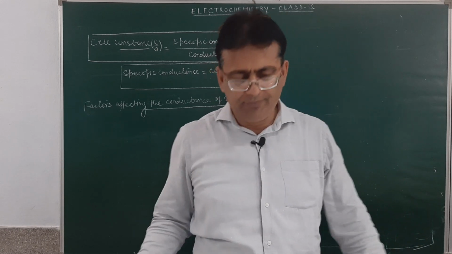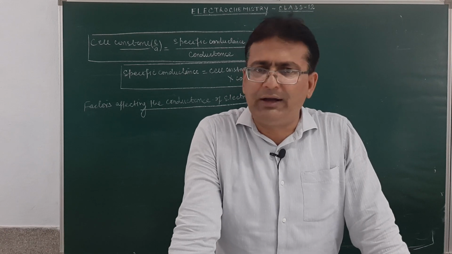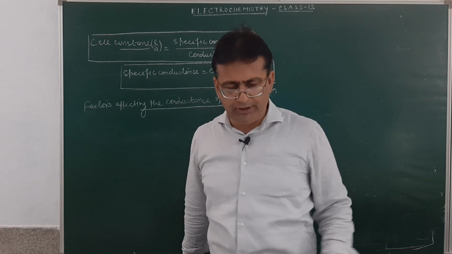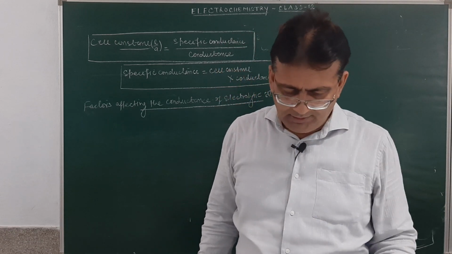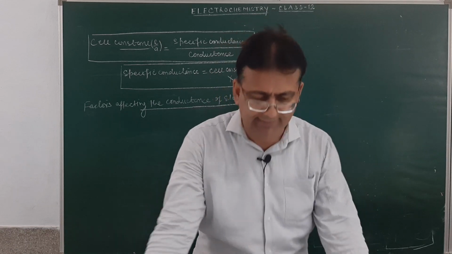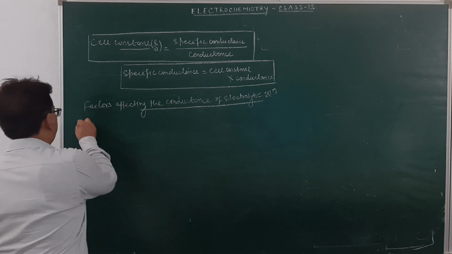First factor is the temperature. More is the degree of ionization, more is the conductivity. Increase in temperature increases the degree of ionization and hence the conductivity increases. Am I clear? So first factor is temperature.